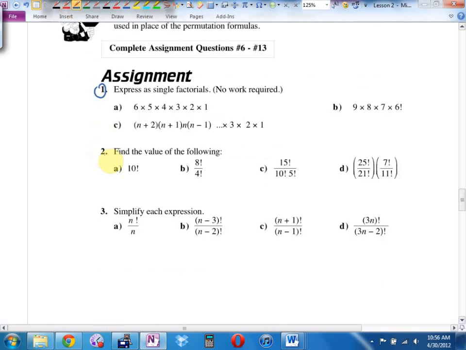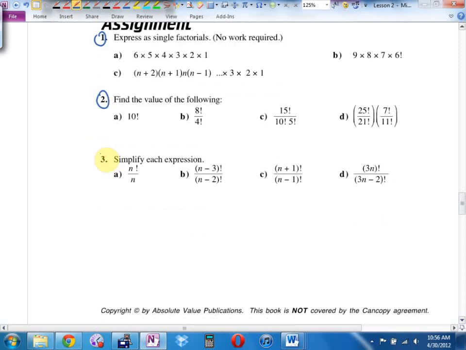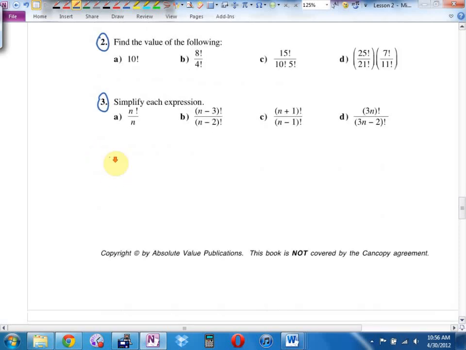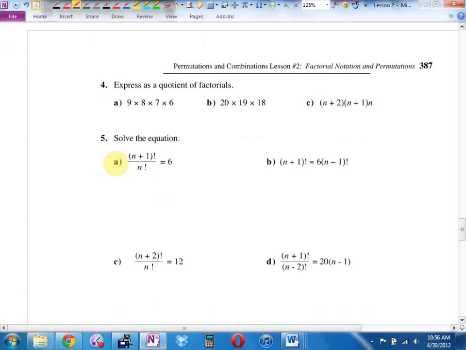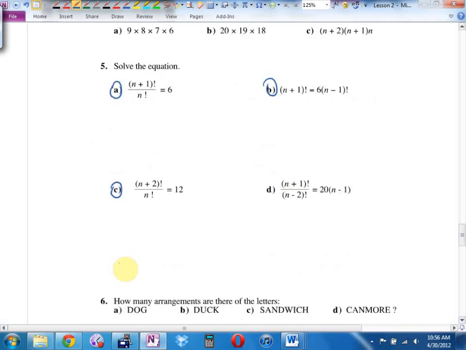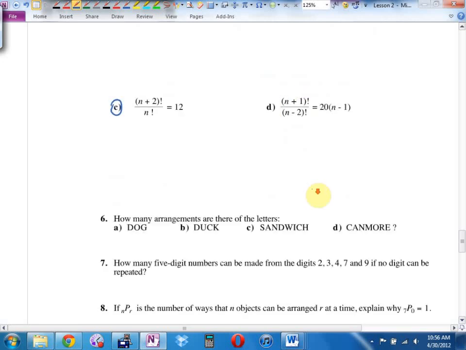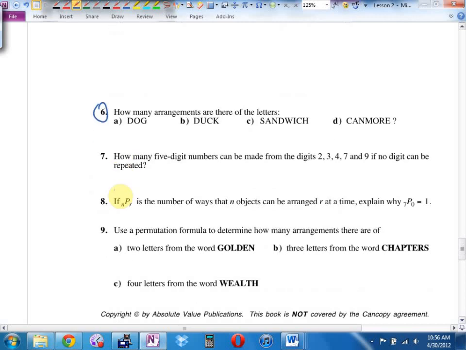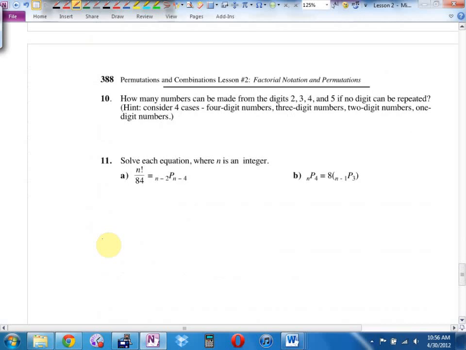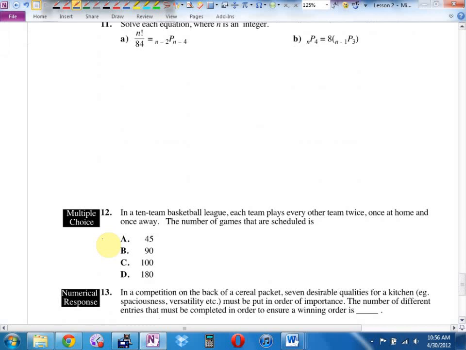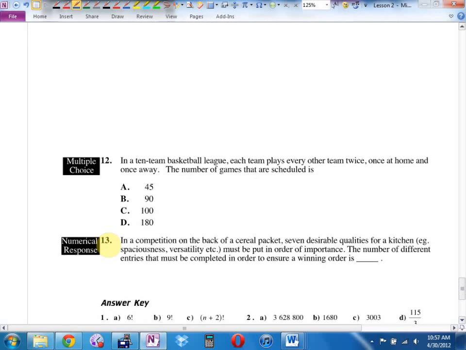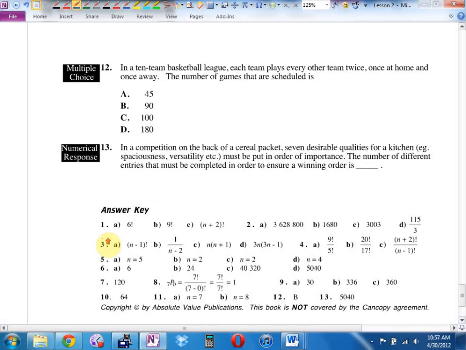Number 1, 2, 3, 5A, B, and C. For B, divide the n minus 1 factorial over to this side. Six, 9. I'll pause there. Okay.